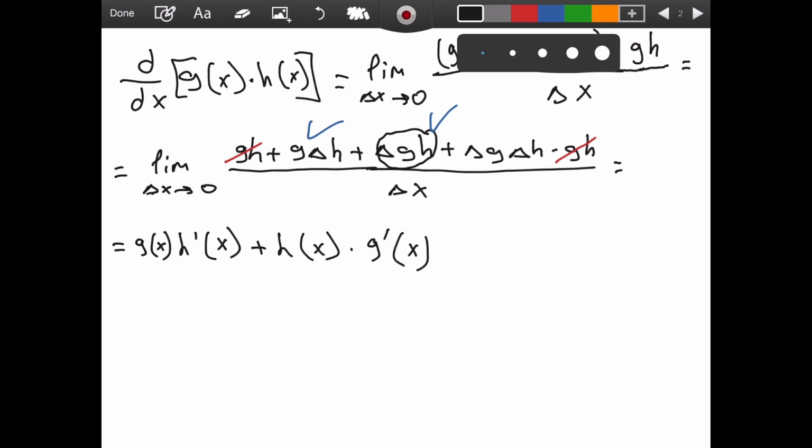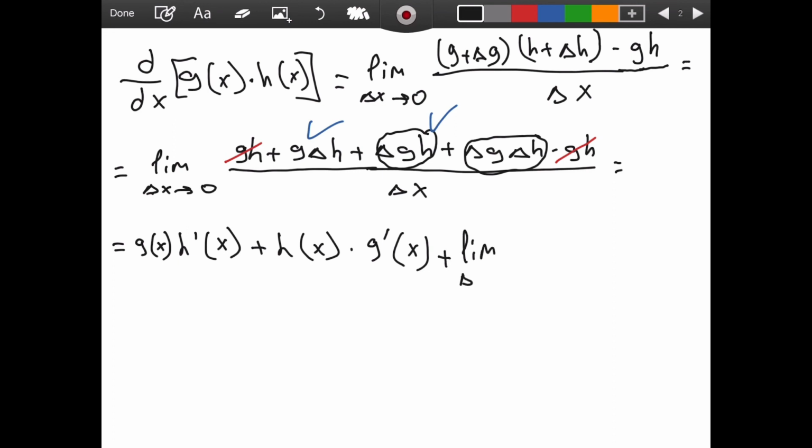Now for the third term, we have delta g times delta h divided by delta x. Maybe you want to evaluate it like this. You have limit delta x approaches 0. Maybe you evaluate delta g over delta x, which gives you g prime of x. And then you still have delta h.